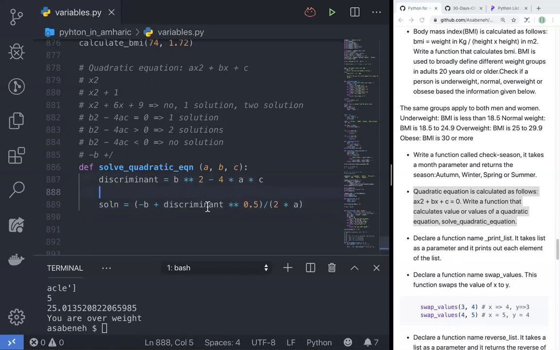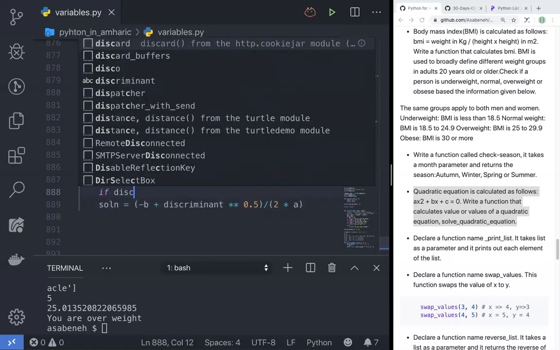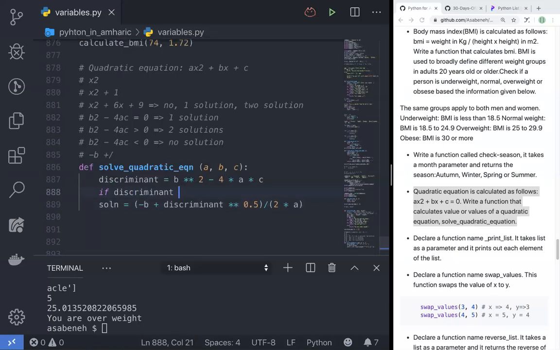Let's see, if the discriminant is equal to 0, our solution is going to be just one solution. I think the plus and the minus will give the same result, right?